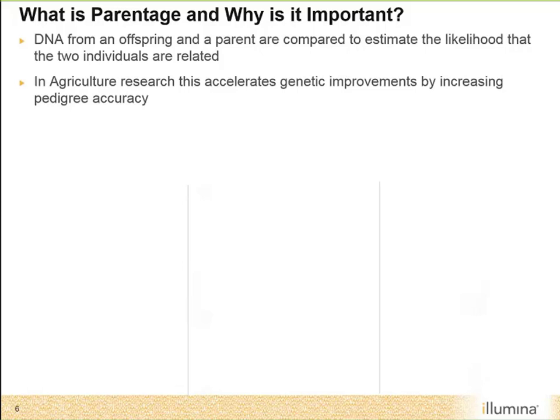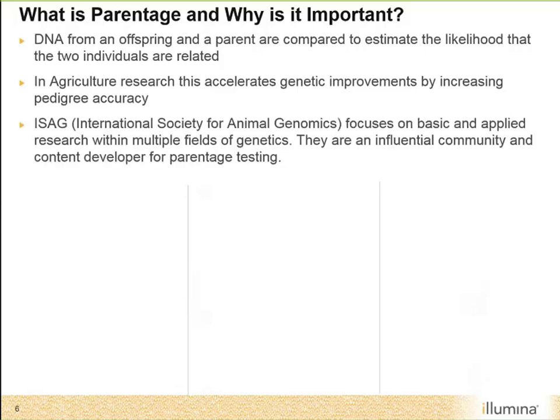One major contributor to agricultural research is the International Society for Animal Genomics, and this group focuses on basic and applied research within multiple fields of genetics. They're influential in the community and the content developer for a variety of parentage testing.